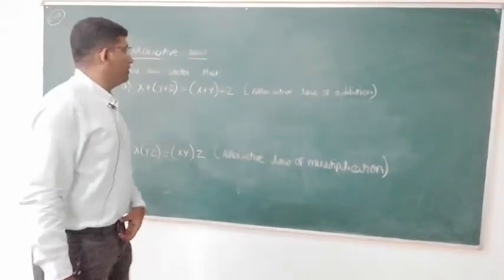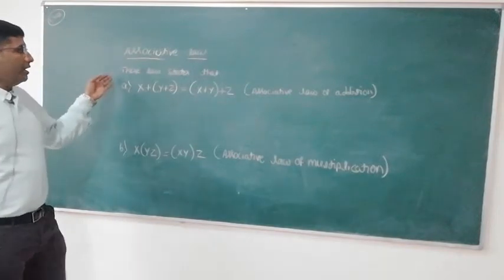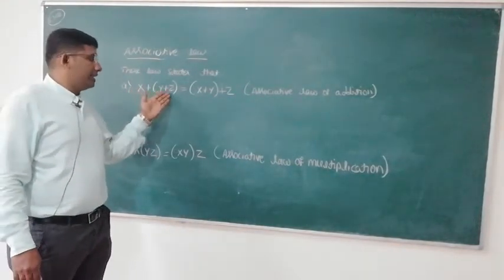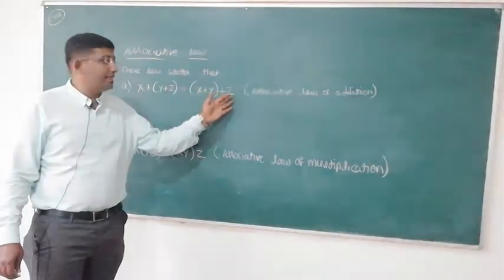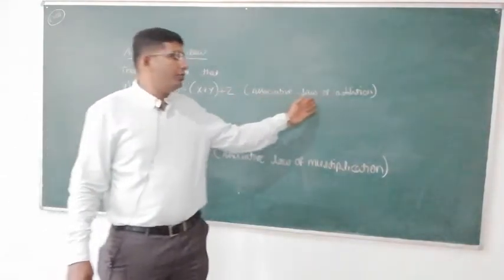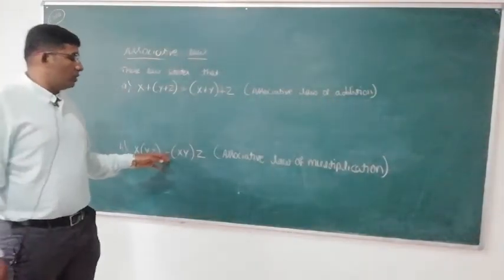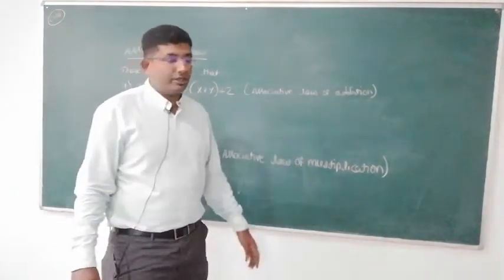Next, we are continuing with the associative law. Once again, we come across two laws. These laws state that x plus y plus z is equal to x plus y, plus z. This is the associative law of addition, and the second law is x of yz is equal to xy of z, the associative law of multiplication.